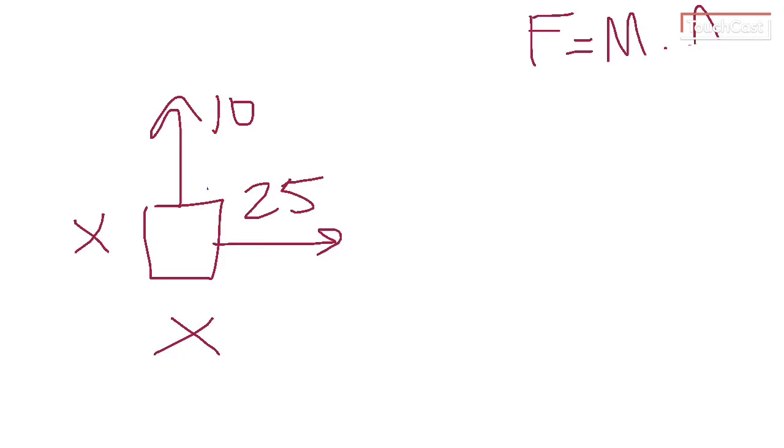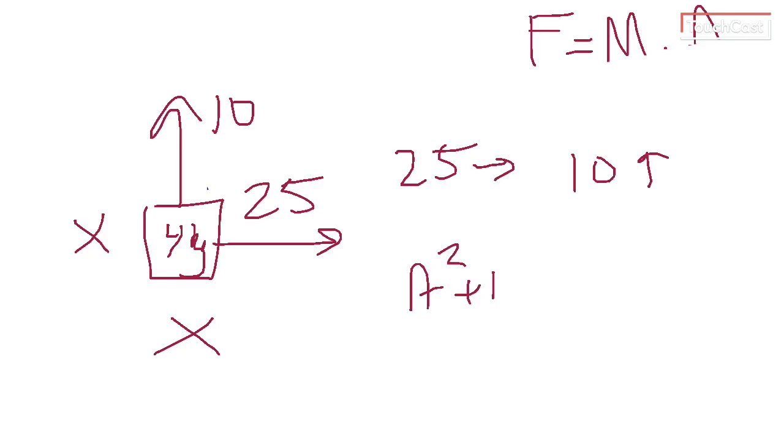If the object is 4 kilograms and I want to know its acceleration, you would first have to find net force, and so we have 25 to the right and 10 up, and so we'd have to do our a squared plus b squared equals c squared.